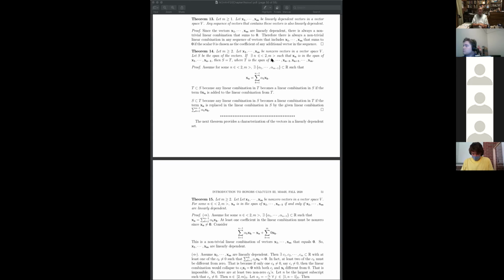So if you have something which is in the span of the preceding ones, you can remove it and you don't lose anything. You can describe the span using one less vector. Okay? So for example, if we can describe three-dimensional space with 3 vectors and you have 4, that's okay, but you can get rid of one.